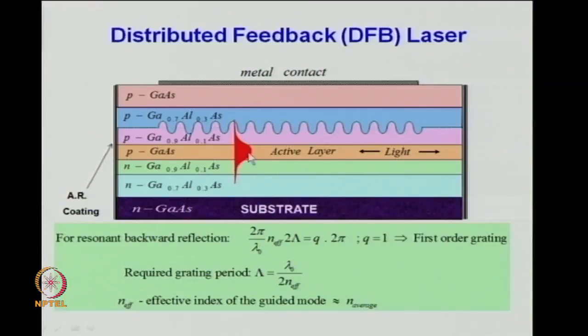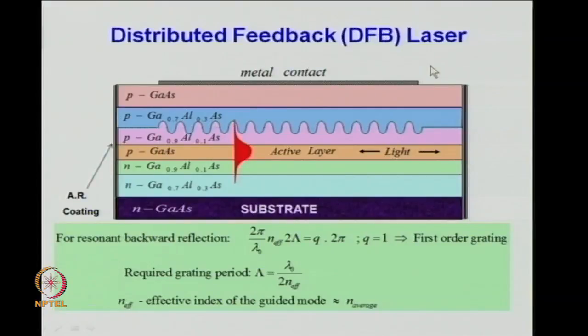The mode which is propagating in this direction continuously sees reflections at these corrugations by this periodic structure. The mode which is going in this direction gets reflected continuously, and therefore, the feedback is distributed all along the length, hence the name distributed feedback laser.